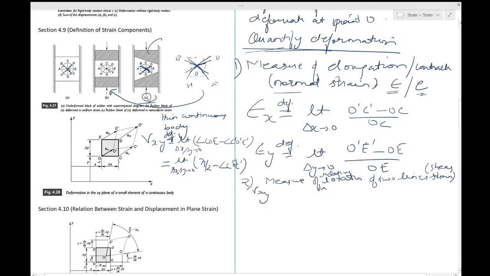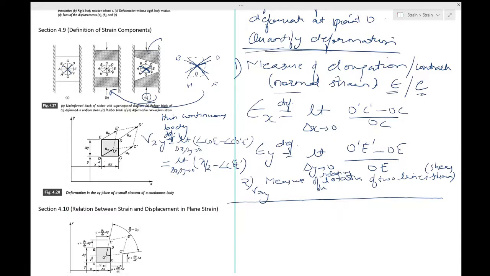Again, this is a definition. To quantify deformation you have taken these two quantities, and this is how you have defined those two terms. So we have given a brief about what the two kinds of strain are, the normal and the shear strains.